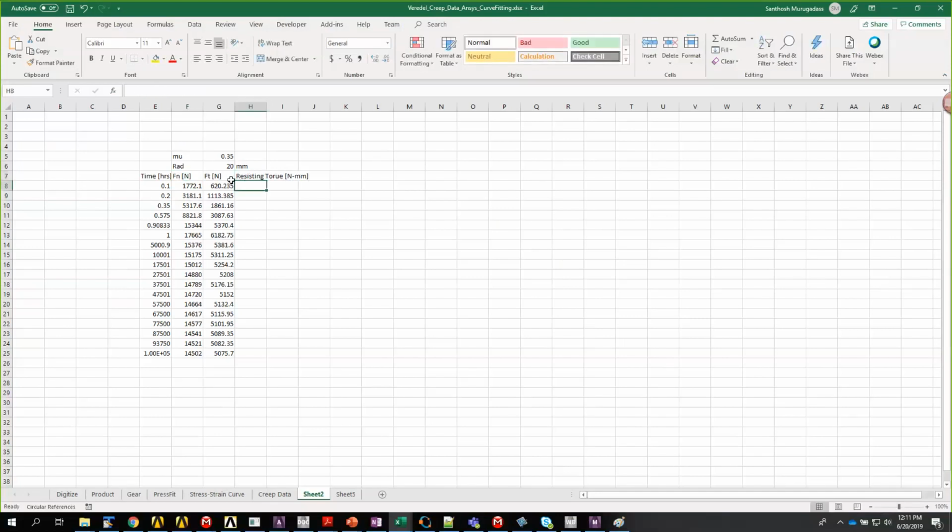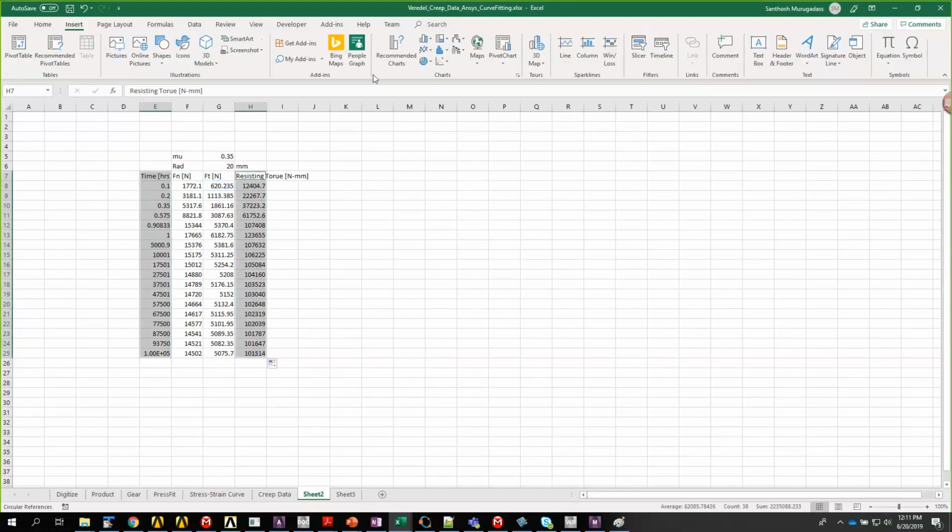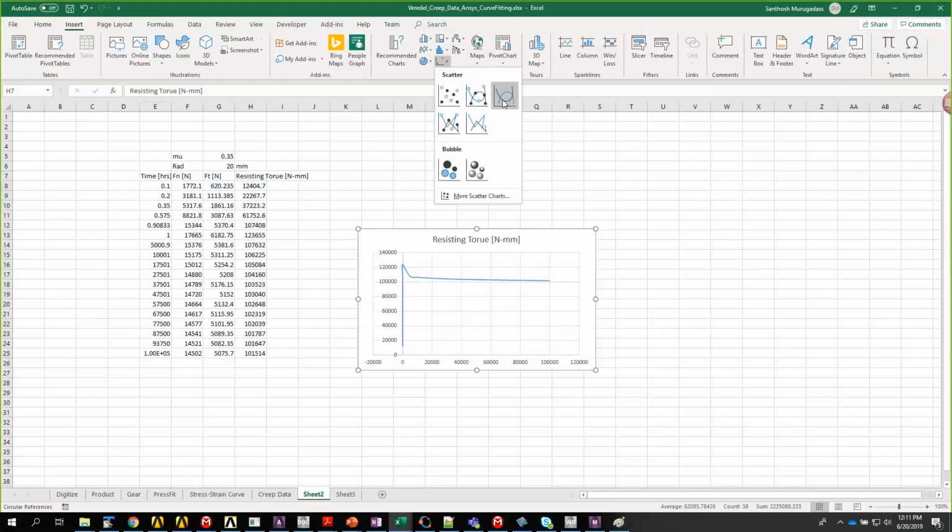It is my tangential force times the radius, and the radius is fixed. Now we can plot time versus resisting torque on a graph, which is going to look like this.